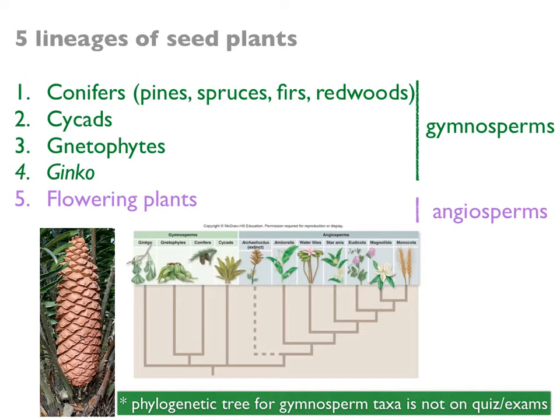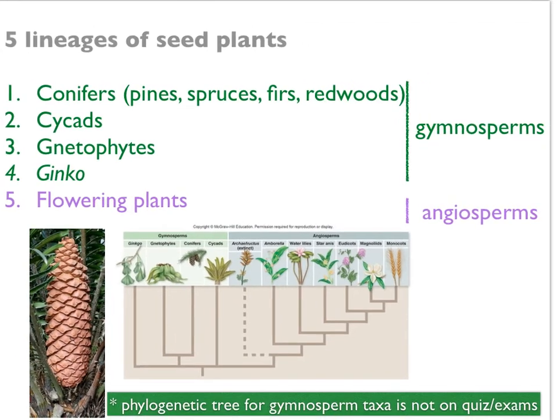So these different lineages of gymnosperms, as you can see, they're all at around the same taxonomic level. It's not really well worked out. They're much older than angiosperms.